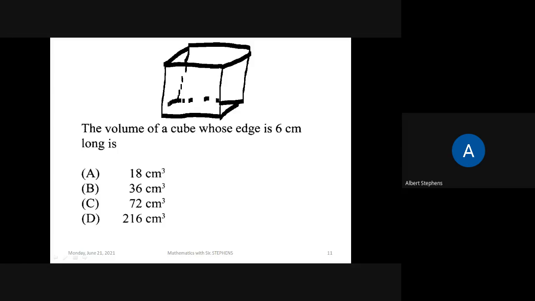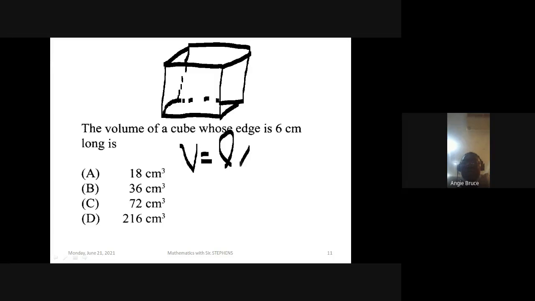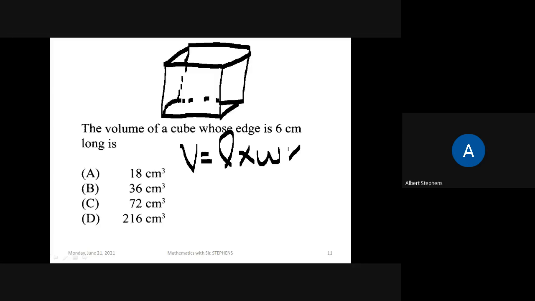Right, it's like a solid square with all sides equal. And anybody remember how we find the volume of a cube? Length times width, sir. Well, you missed out something. It's a cube, you know. Times height.